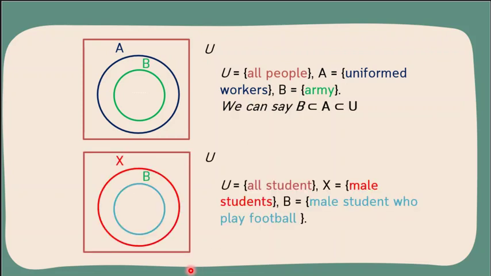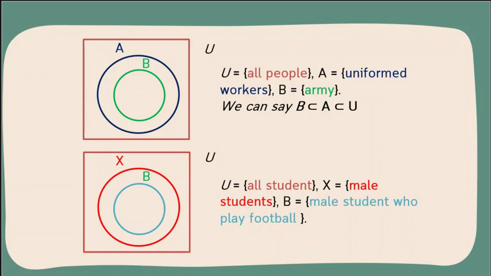Another one, take for instance a universal set U, which is a set of all students, and then a set X, which is a set of male students, and also the set B, which is a set of male students who play football.